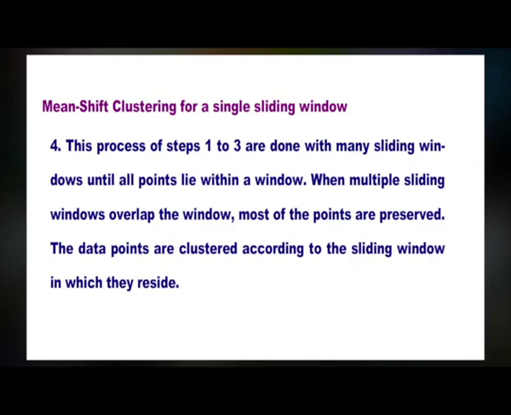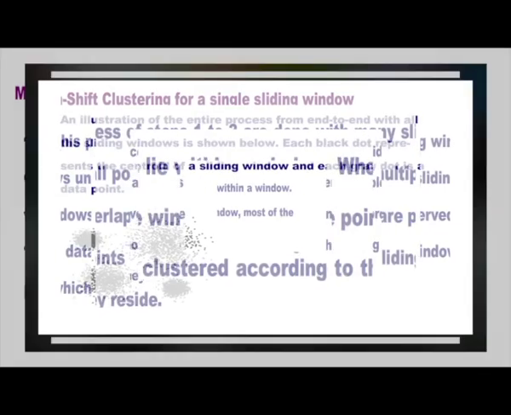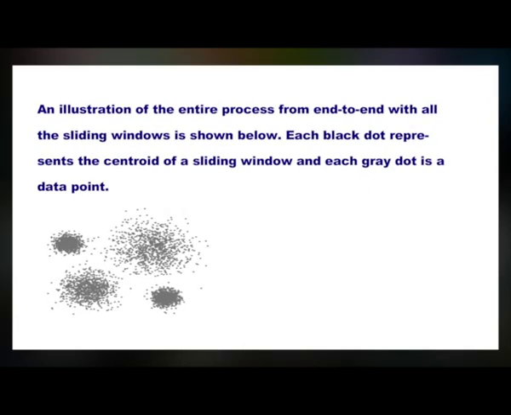Now the data points are clustered according to the sliding window in which they reside. An illustration of the entire process from end to end with all the sliding windows is shown below. Each black dot represents the centroid of a sliding window and each grey dot is a data point.